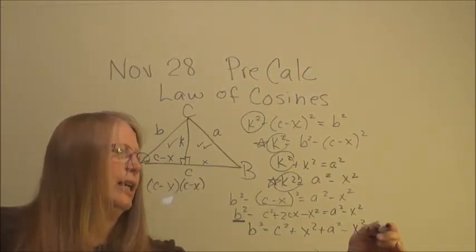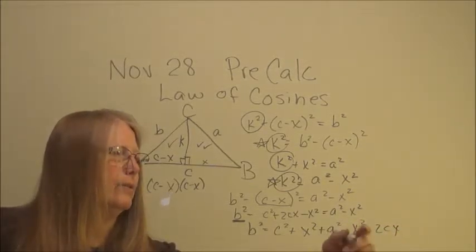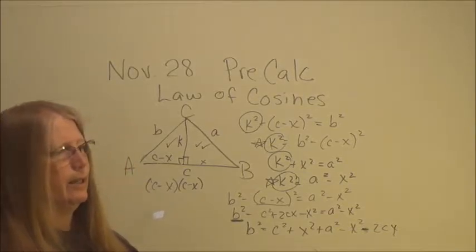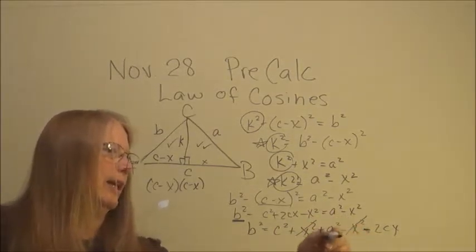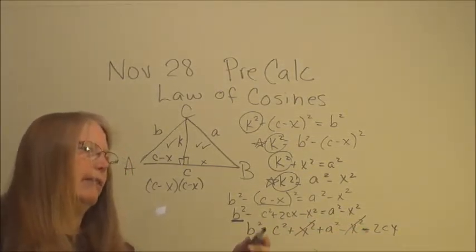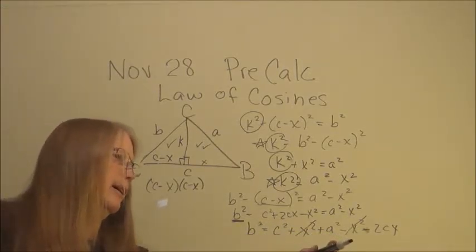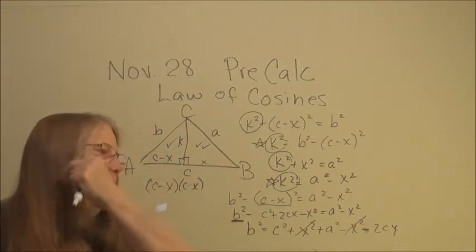Oops, that became minus when I moved it over. So the x squareds cancel out. And so I have left a c squared plus an a squared minus 2cx.